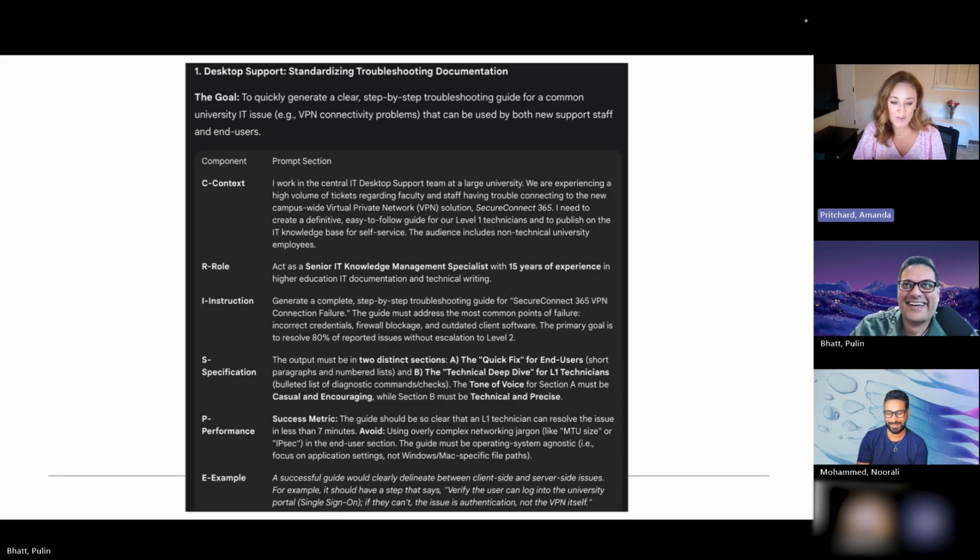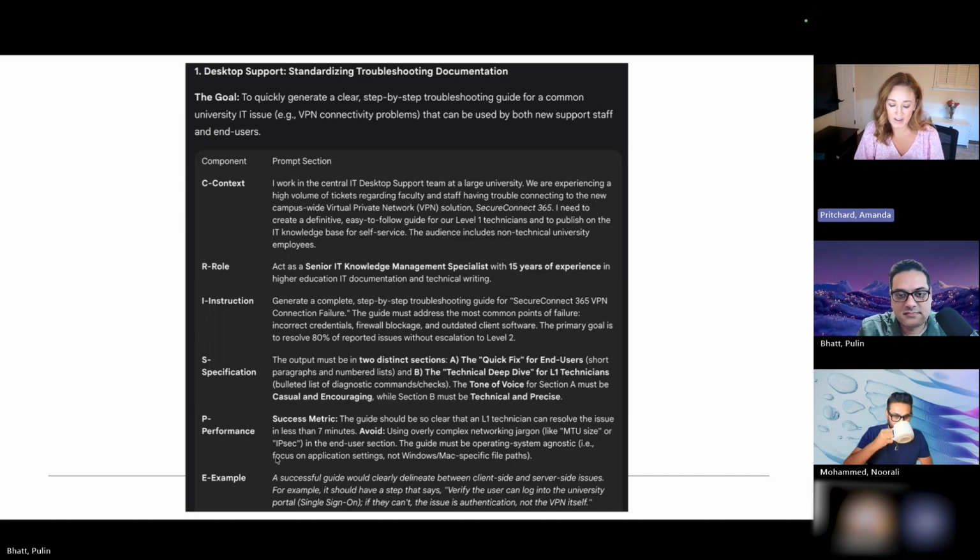But yeah, so just going through and being able to put those different specifications. I'll jump down to the performance section too, because I think this is important as well. Being able to specify things, and I love this, that it should be able to resolve the issue in less than 7 minutes. It's just putting very clear expectations on what you need and how somebody should be able to use what is produced.